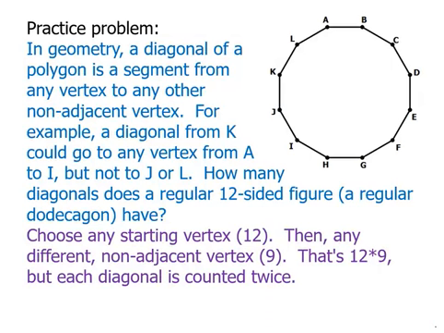If we say this diagonal right here from A to E, that's getting counted once as one of A's diagonals, but it's also getting counted once as one of E's diagonals. But of course, there's only one diagonal here. We don't need to count it twice. So we have to divide by 2, and so that's 6 times 9, or 54. And so there are 54 diagonals in a regular 12-sided dodecagon.